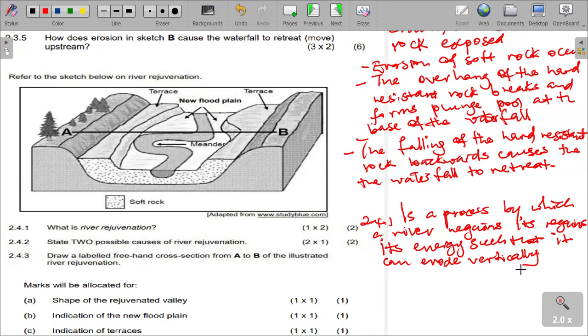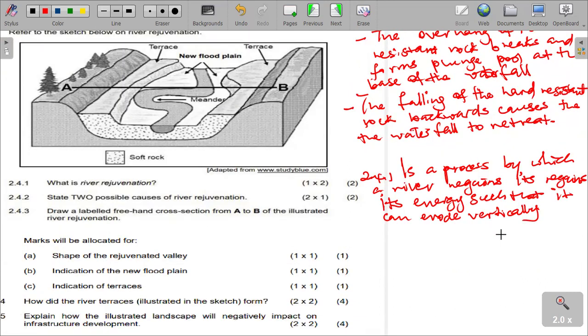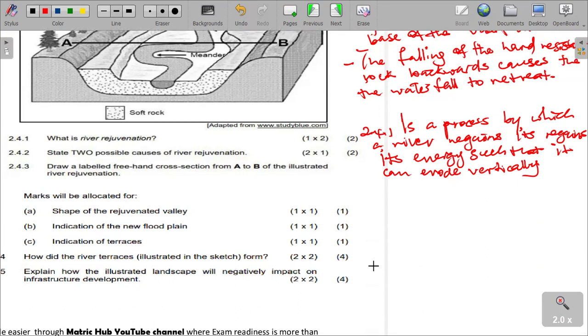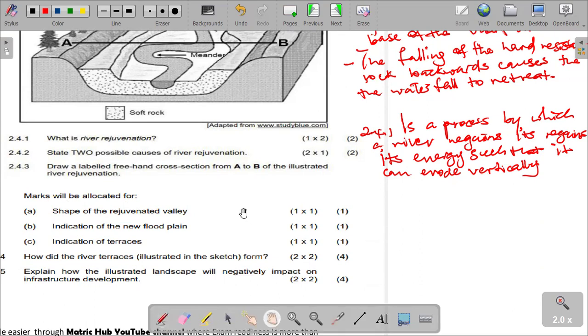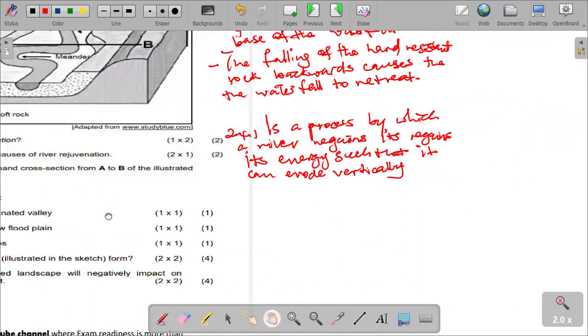State two possible causes of river rejuvenation. What can be the reasons? What causes the river to rejuvenate? What can cause the river to regain its energy?